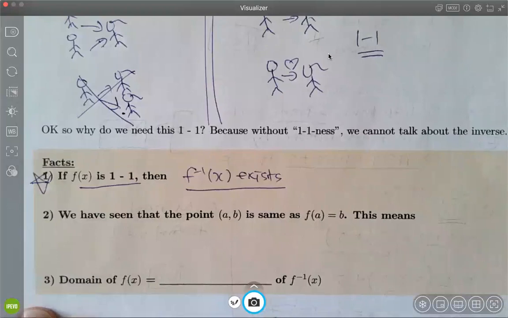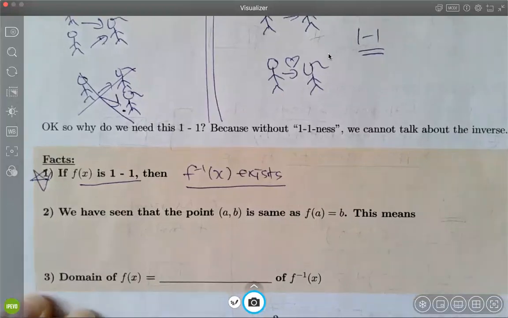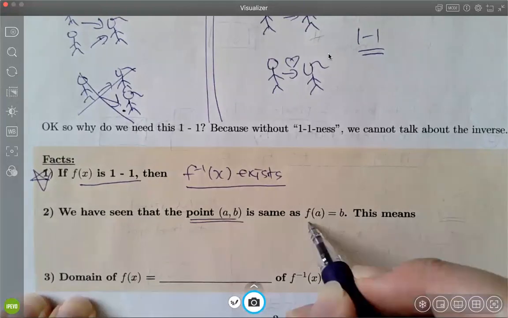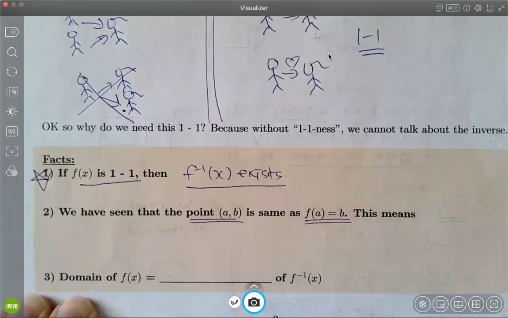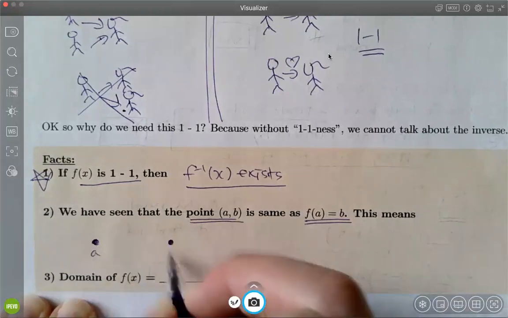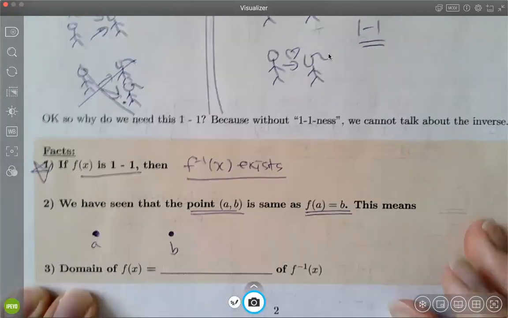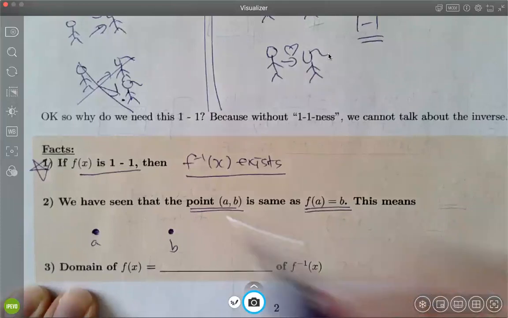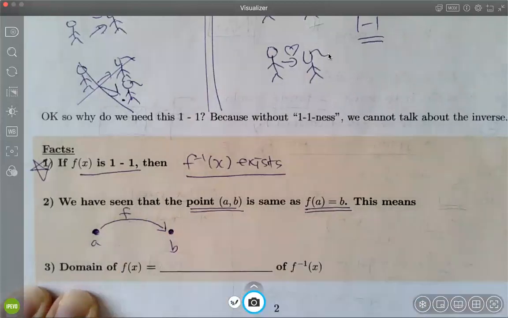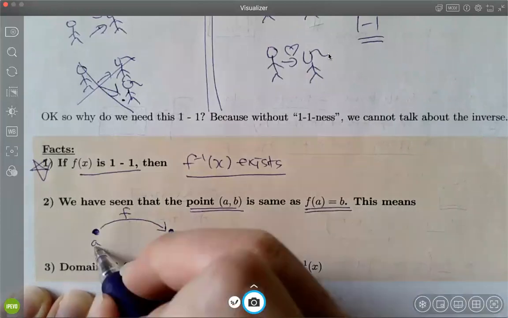Now, fact number 2. From the past, we have seen that the point a comma b is the same thing as the expression f of a equals b. Remember that? Pictorially, we can have this representation. Suppose there are 2 points a and b. To get to b from a, we take the bus, so-called f, because then a is the input and b is the output.